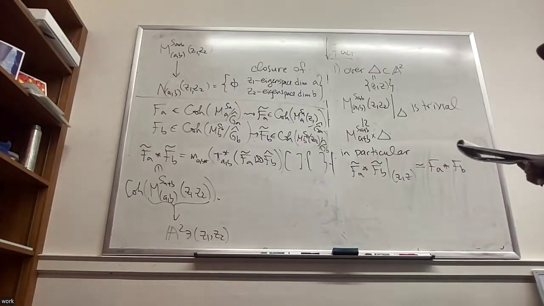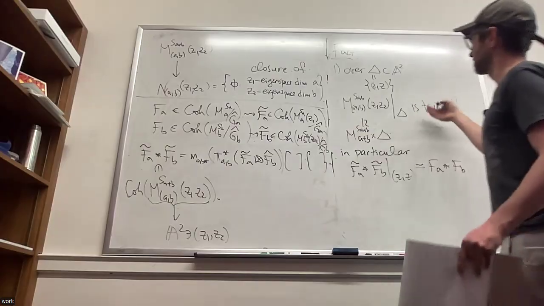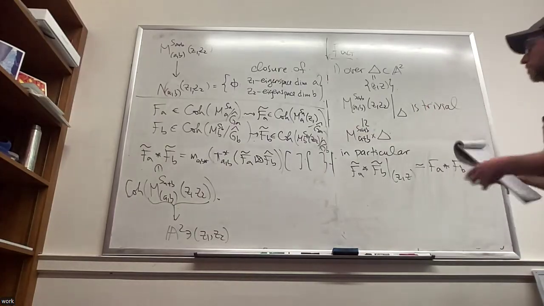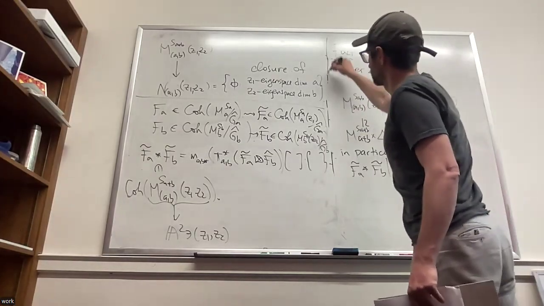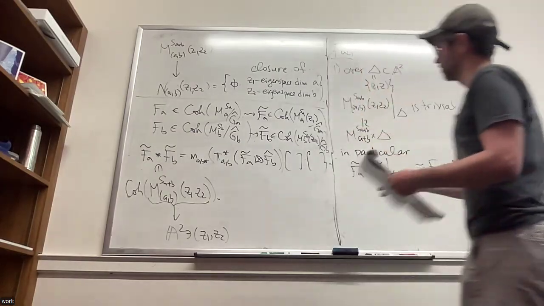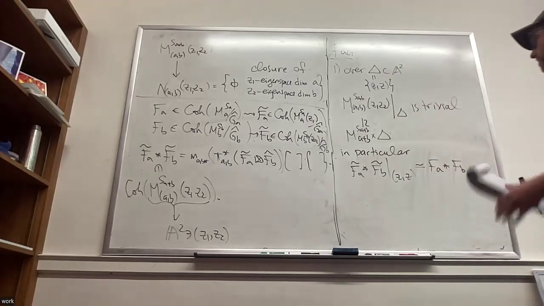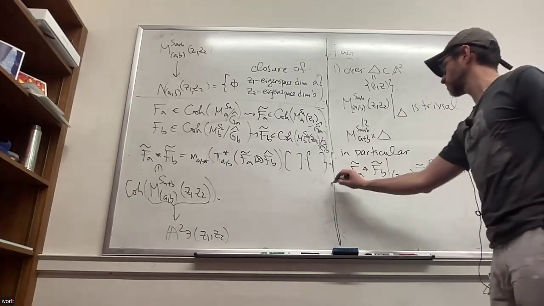When you restrict it over the diagonal, you're just recovering the original picture, which is not surprising because over the diagonal both eigenvalues are the same. Particularly if they're both zero, then all the eigenvalues are zero, so you're just dealing with nilpotent matrices. So you recover the original story.